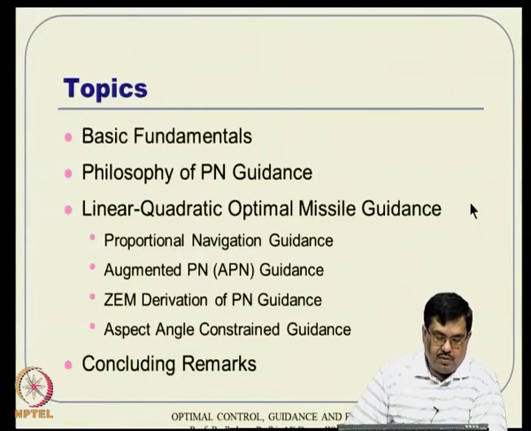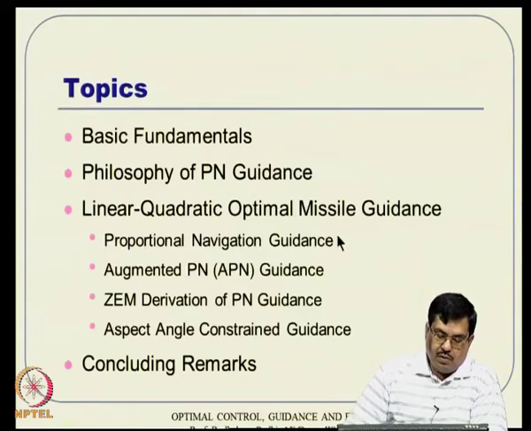Alright, so the topics of this lecture are: a little bit of basic fundamentals of what missiles are, what the classifications are, what the components are. Then a quick glimpse of the philosophy of the so-called proportional navigation guidance. Then we will revisit LQR theory, formulate the problem in the framework of linear quadratic optimal control, and come up with optimal missile guidance.